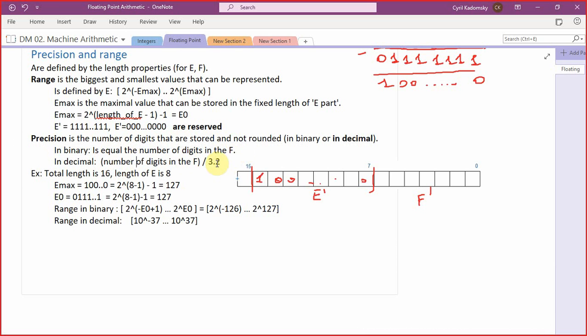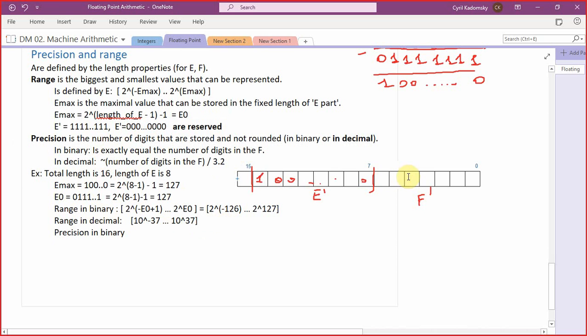Okay, in our example, range and precision in binary. Precision in binary is always the exact value, is exactly equal, because we know exactly how many binary digits we can store. But in decimal, this is an approximate assessment, so we will have plus minus 1 digit.